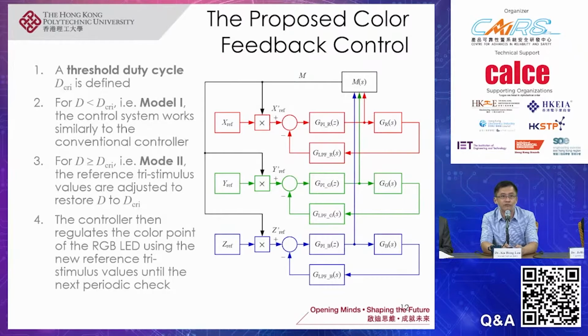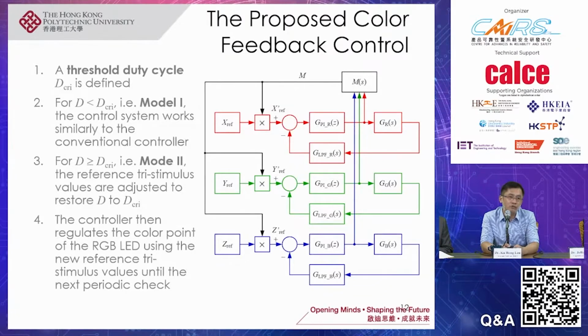If we look at the red block here, that corresponds to the red channel of the RGB lighting system. So we adjust the capital X value. If we reduce the reference value, the duty cycle will be reduced below the maximum value, and the controllability of the system will be restored.